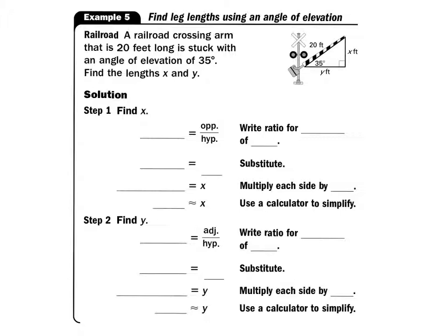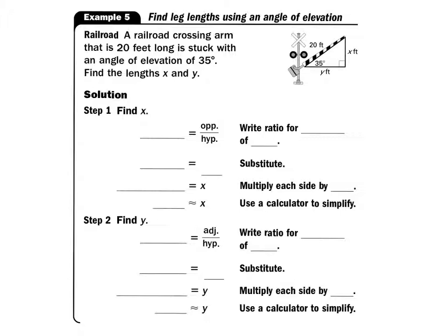Okay, example 5. Find the leg lengths using an angle of elevation. A railroad crossing arm that's 20 feet long is stuck with an angle of elevation of 35. Find the lengths x and y. So we need to find x first, or I guess we don't, but that's the way they do it. So what is x?